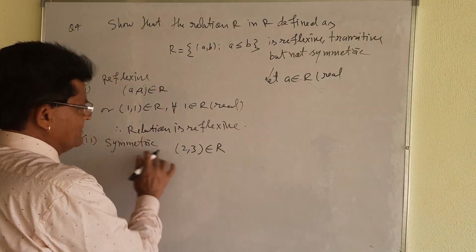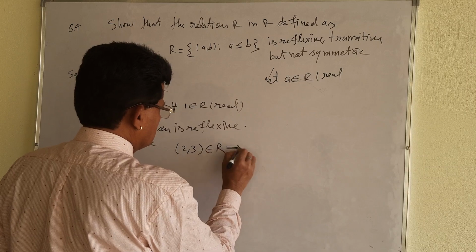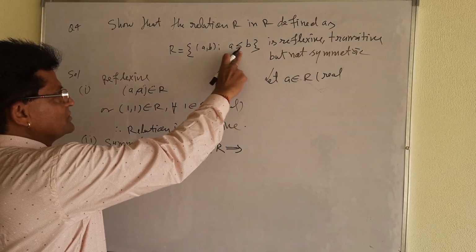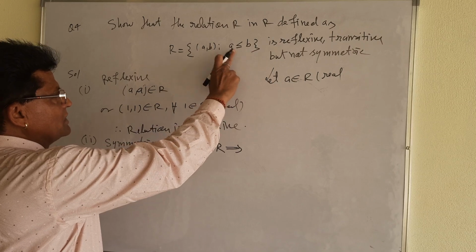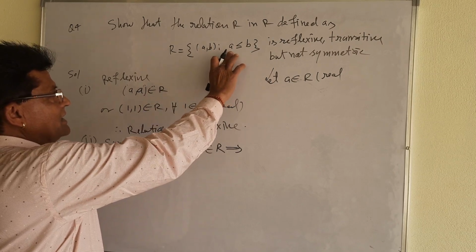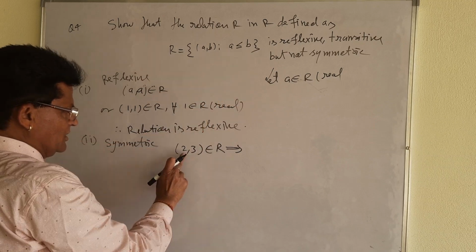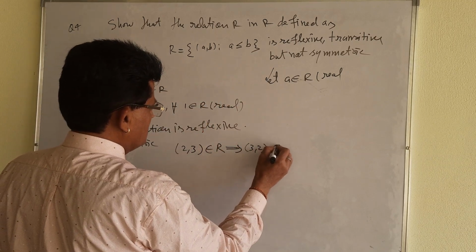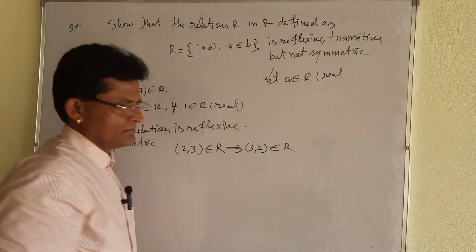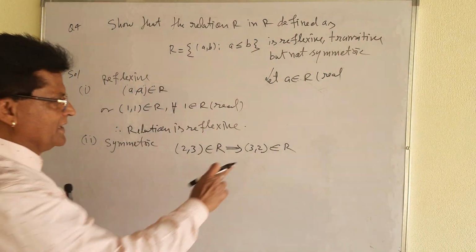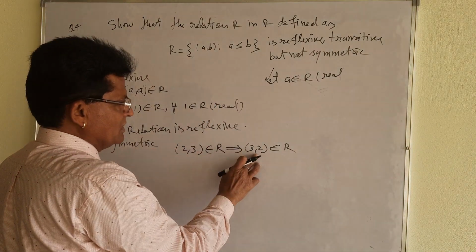For the symmetric case, my dear student, as per the condition, a is less than or equal to b. Equal can also be there; we took equal here to prove reflexivity. And you see, a is less than b, 2 is less than 3, correct. Does (3, 2) belong to R? As per the condition, 3 is equal to 2?